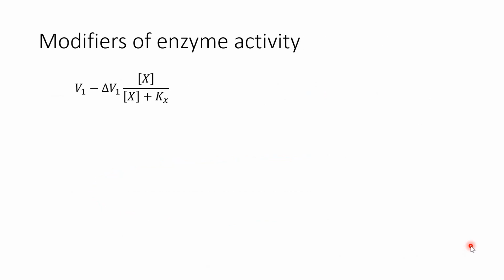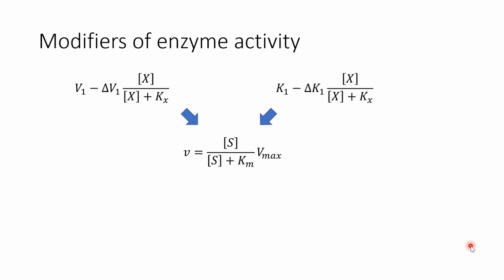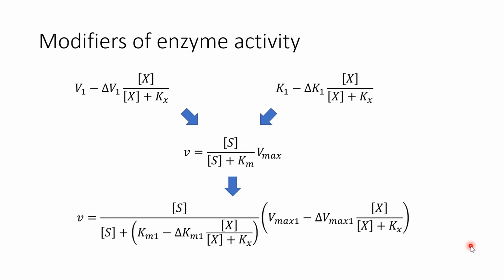So this term is very useful for modeling increases or decreases in enzymatic activity of your population. And the same sort of term can be used to define changes in your substrate affinity, so you can model increases or decreases in the substrate affinity with this term. And you can pop them into the Michaelis-Menten equation, and you get this equation.